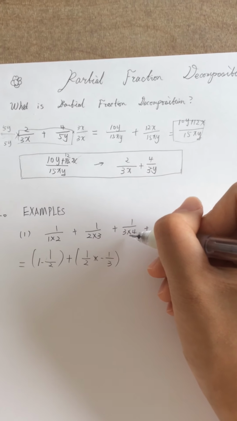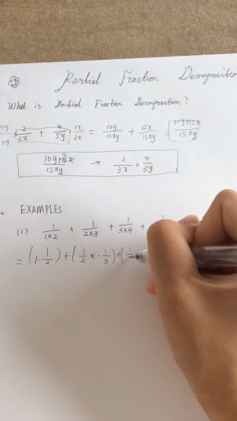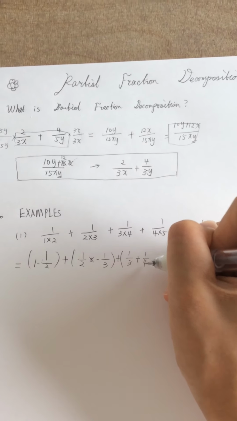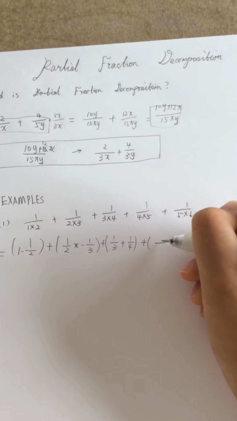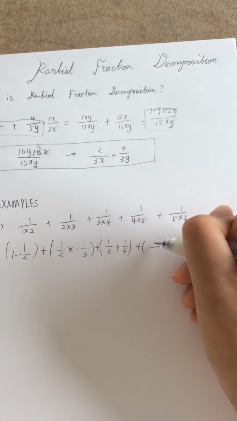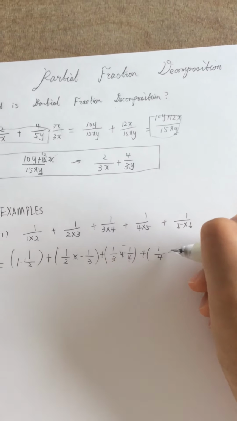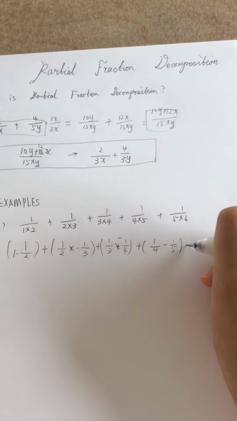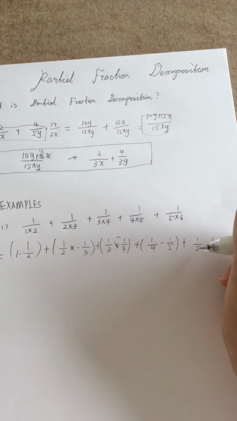And for 1 over 3 multiplied by 4, we can decompose it as 1 over 3 minus 1 over 4. And then we decompose the next ones as 1 over 4 minus 1 over 5, and 1 over 5 minus 1 over 6.